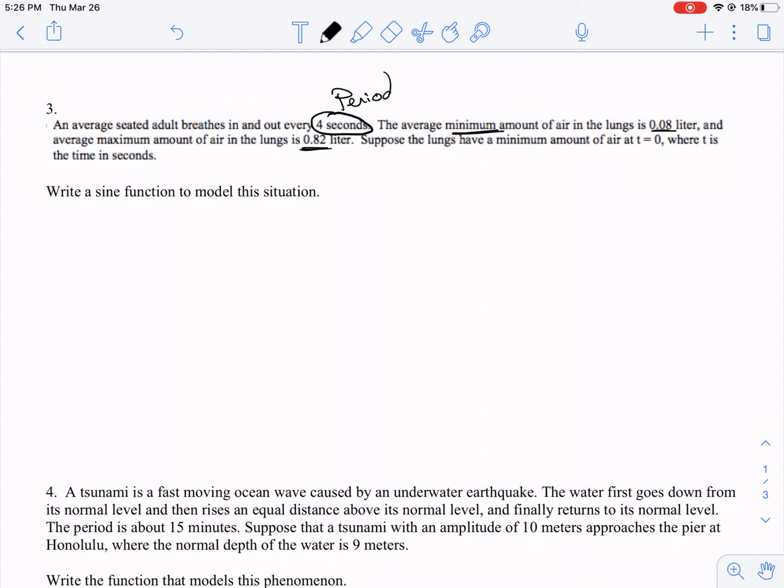Suppose the lungs have a minimum amount of air at time 0, where t is the time in seconds. Write a sine function. Alright, so we know it's sine, and it should kind of make sense anyway, because you're going to breathe in and out. So actually, I'm not going to put this on coordinates. You're going to breathe in, then you're going to breathe out, and you're going to come back.